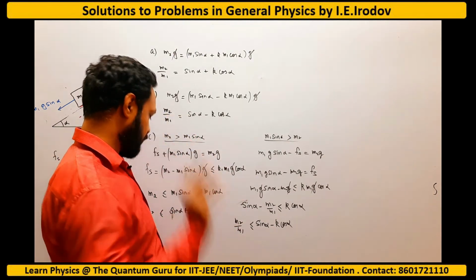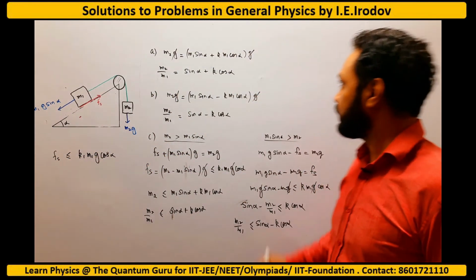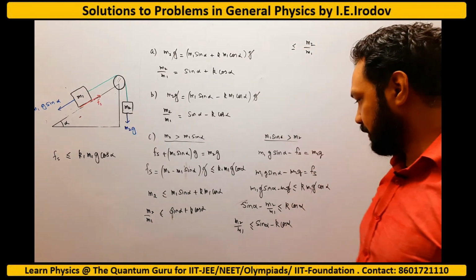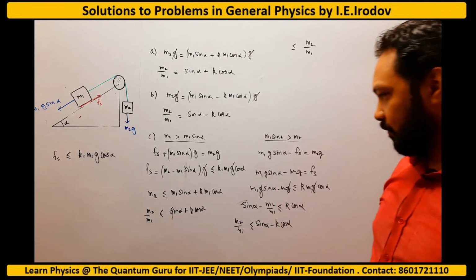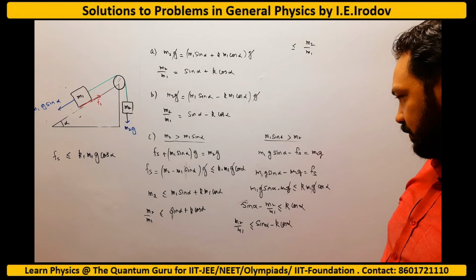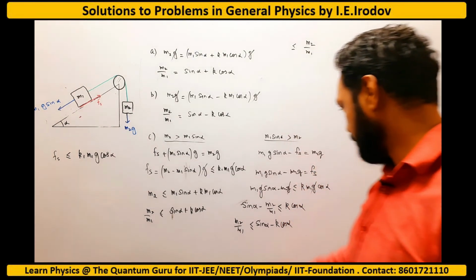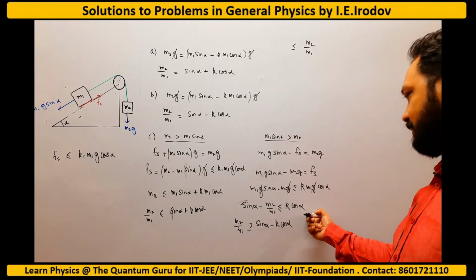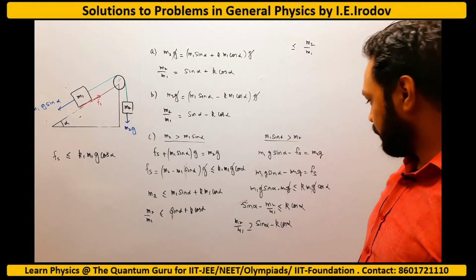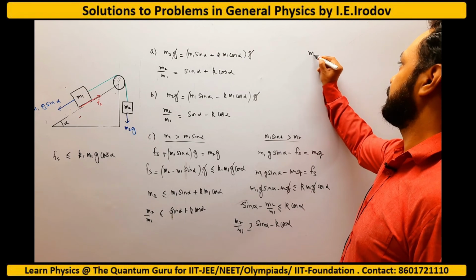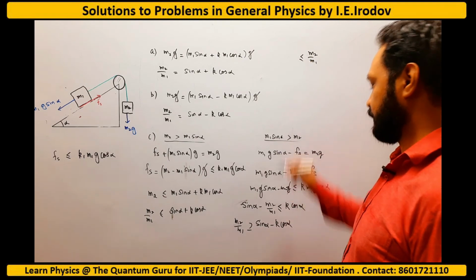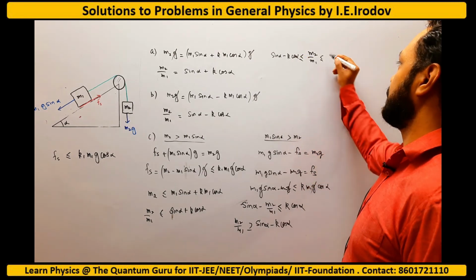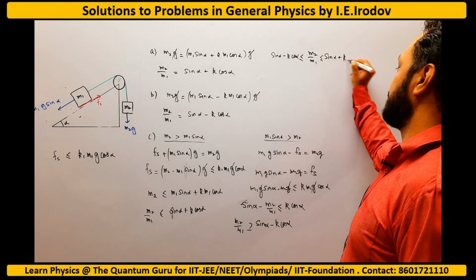So overall condition for which the body is at rest, combining these two, we can write that m2 by m1 will be greater than or equal to sin alpha minus k cos alpha and less than or equal to sin alpha plus k cos alpha.